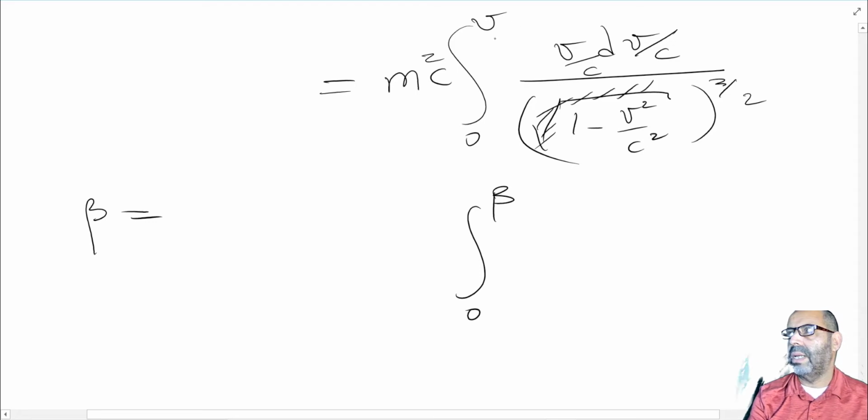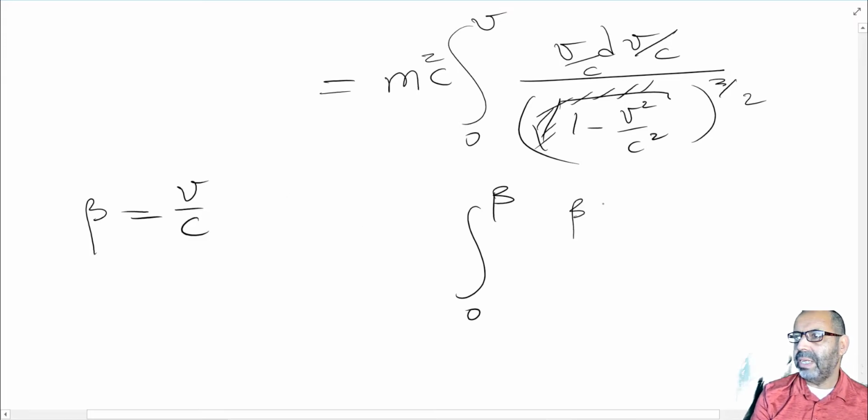This is the basic calculus question, where this is a dummy variable, whereas this one is just a finite value in here. So beta is equal to v over c, the way I'm defining beta in here. So this is going to be beta d beta over 1 minus beta squared to the power 3/2.